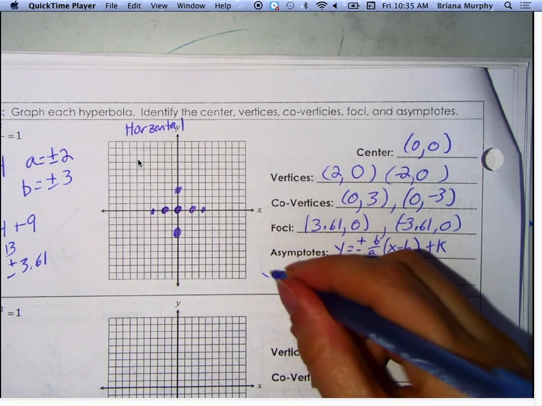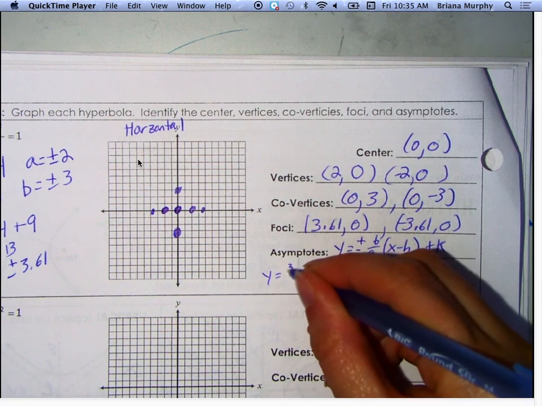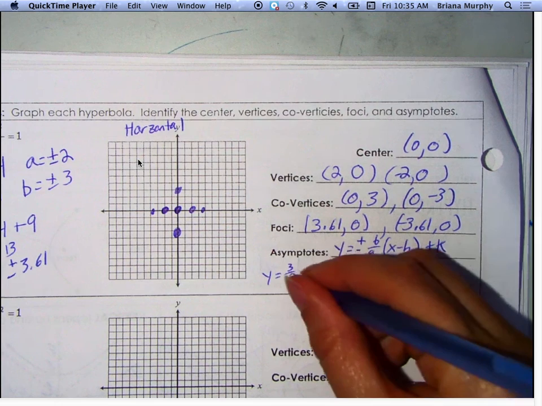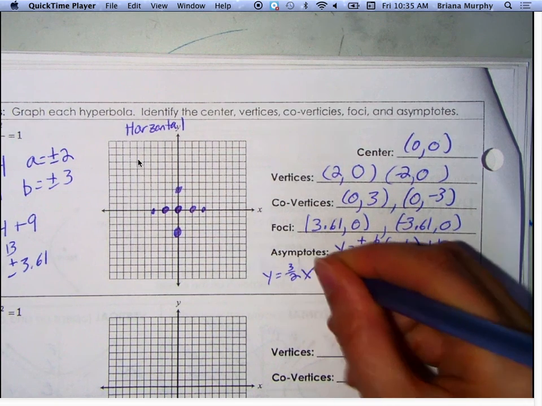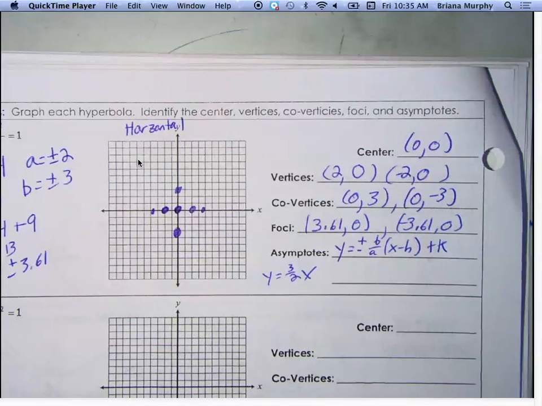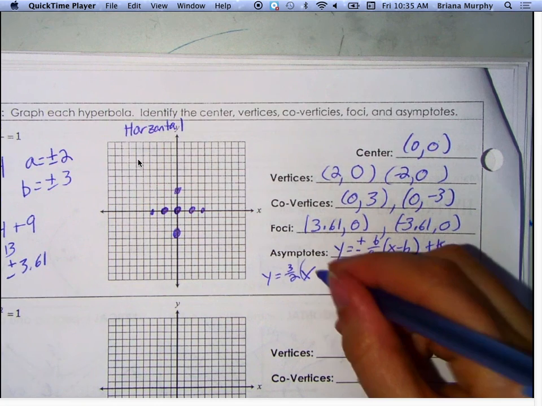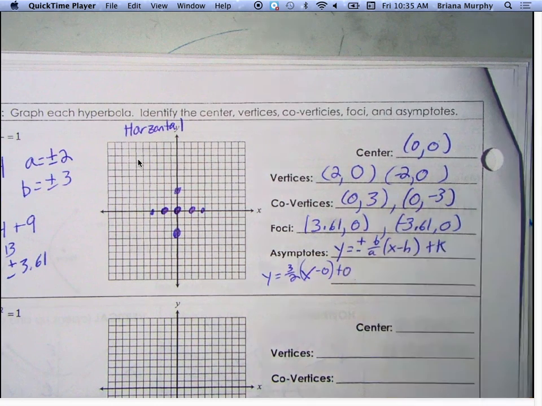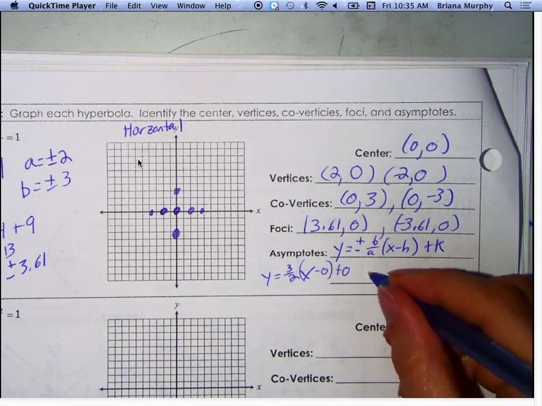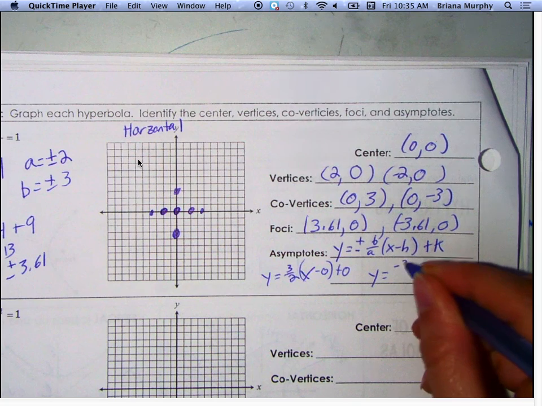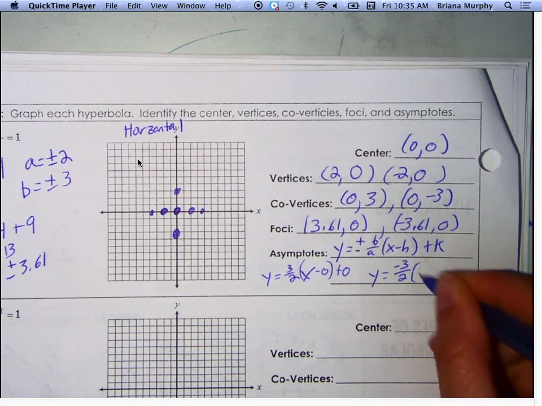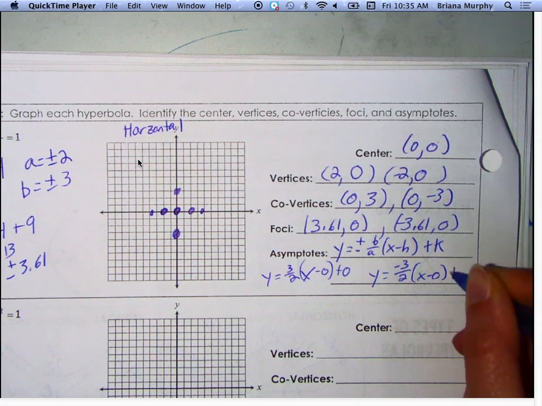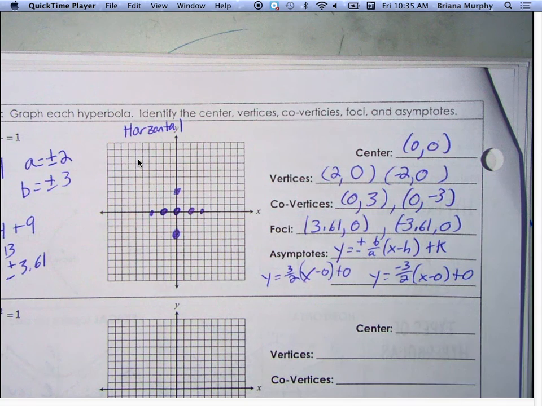So I'm going to go 3 over 2 x, right? Because everything else is 0. So you can put x minus 0 plus 0 if that helps. We still put the plus. And then we're going to have y equals negative 3 over 2 x minus 0 plus 0. Oh, because it's plus or minus.